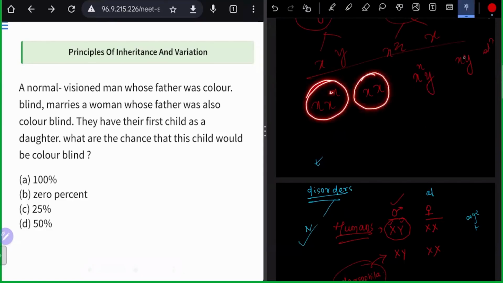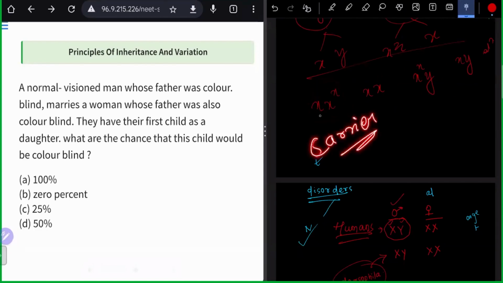Female, female, male, male. The question says their first child is a daughter. That means the genotype can be XX^c or XX. The question is, what are the chances of their child being colorblind? The female child may be a carrier because only one gene is affected, or she is normal.